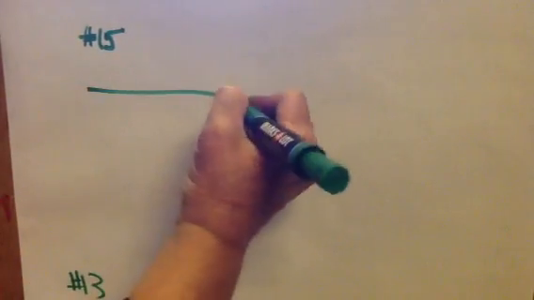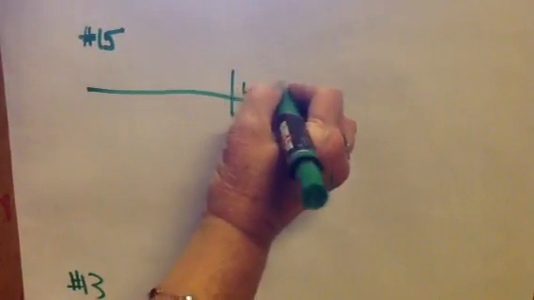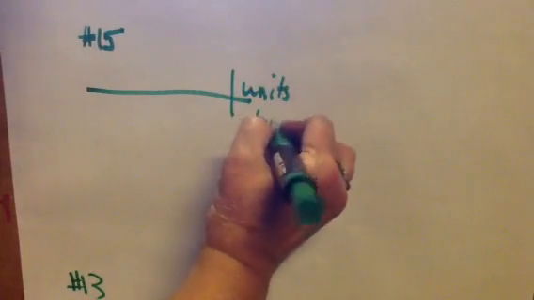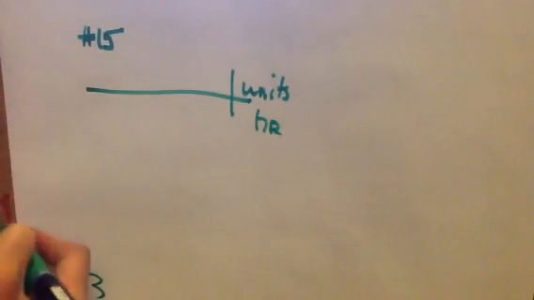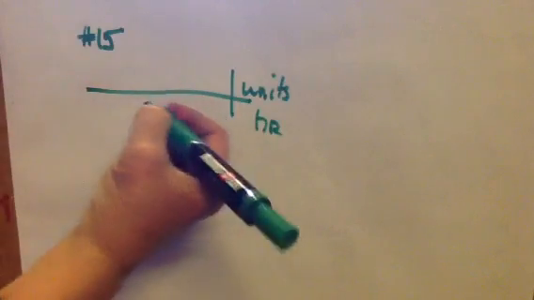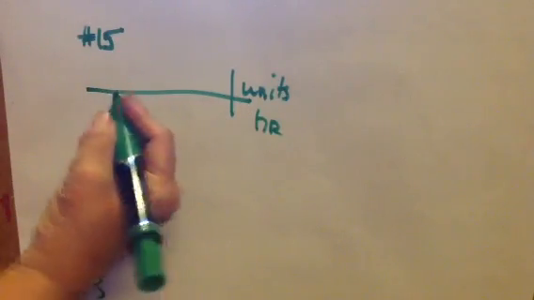We have a heparin drip going here. We want to know the units per hour that this patient's receiving. Our pump is running at 18 mils per hour.